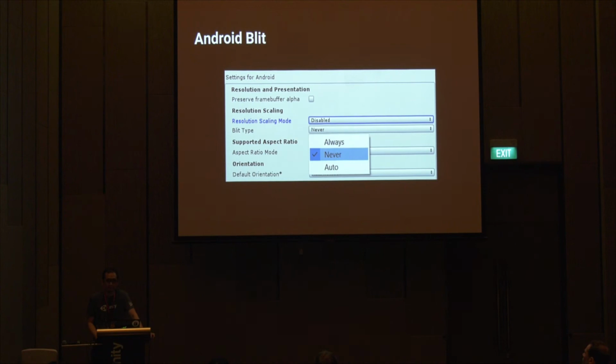That can be a lot, especially if you are already performance bound, right? So you can actually disable this by setting it to never. If you know that you don't require MSAA, and you don't need linear color space, and you don't need to work in non-native resolution, you can safely disable this. Otherwise, you can select auto and let Unity decide for you.